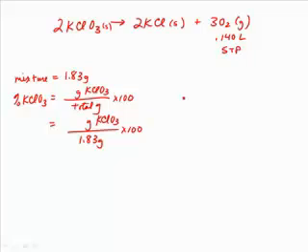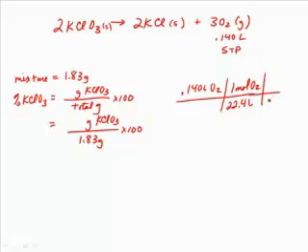So if we go 0.140 liters of oxygen at STP, 22.4 liters is 1 mole of oxygen, and for every 3 moles of oxygen, I need 2 moles of potassium chlorate. So that is going to give me 0.14 divided by 22.4 times 2 divided by 3.